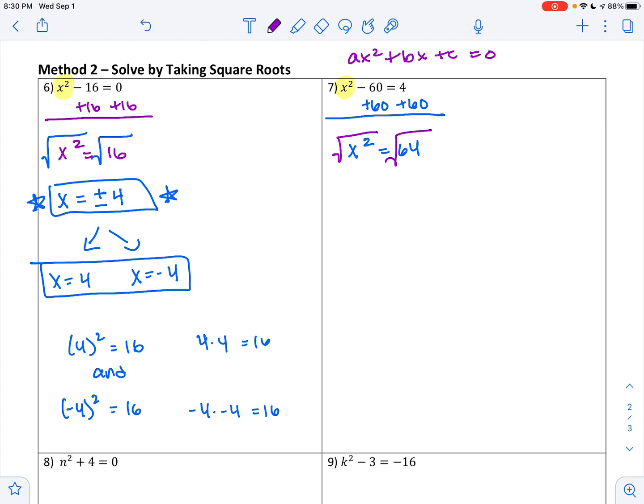The square root undoes the square, and that leaves me with x. Whenever you take the square root of a number, it's always plus or minus. The square root of 64 is 8. So our answer is x equals plus or minus 8. Again, remember that this does represent two numbers, positive 8 and negative 8.